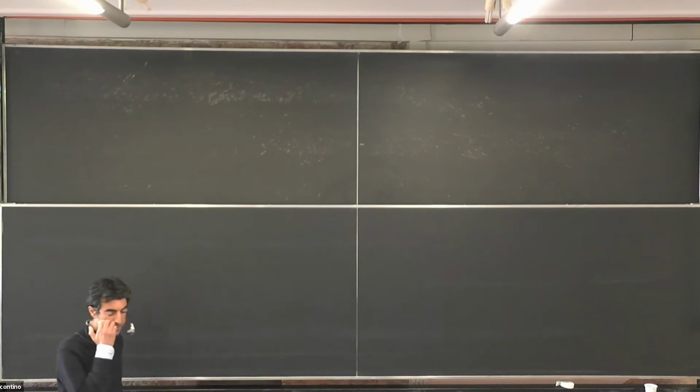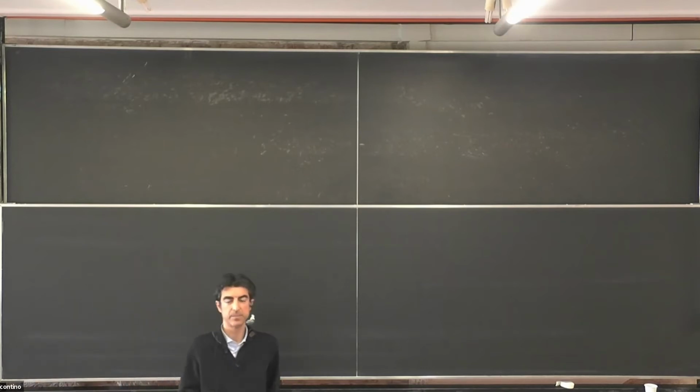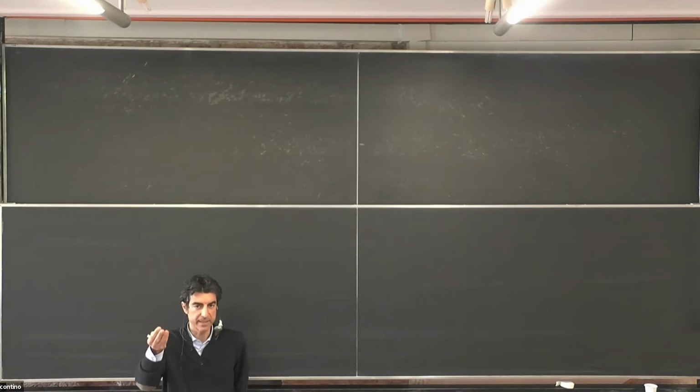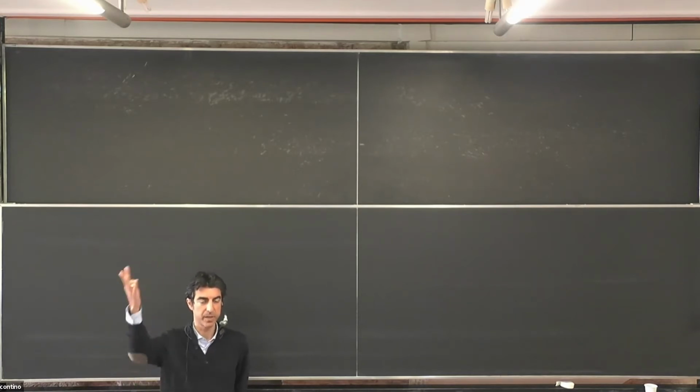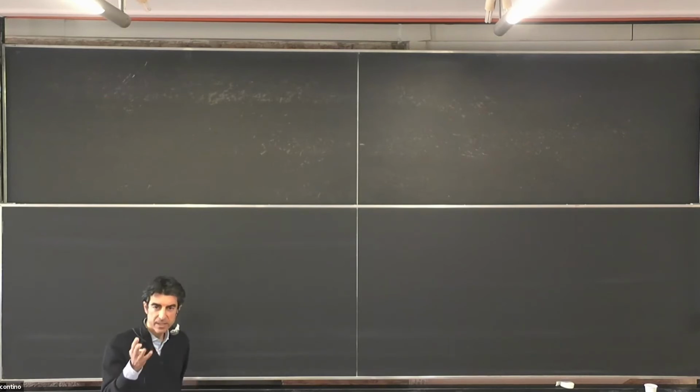So the first question, of course, is: how can you make predictions given the fact that the effective coefficients are not known because you cannot match to a UV dynamics? Well, there are at least 3 possible ways to go.